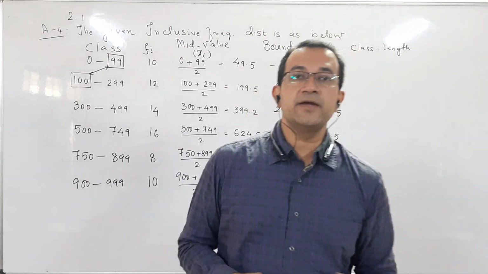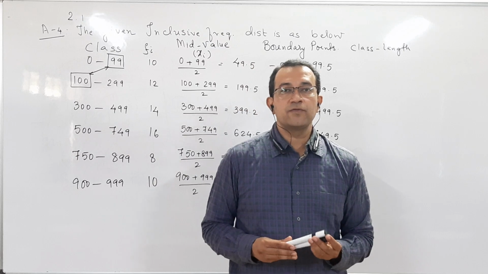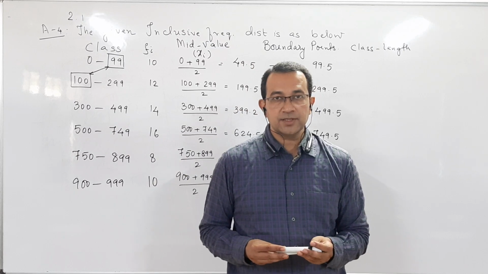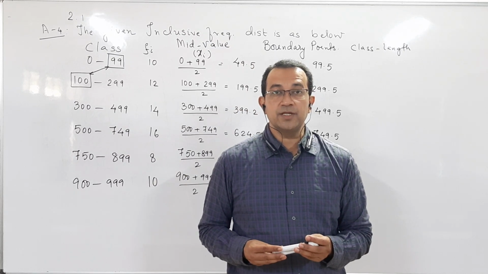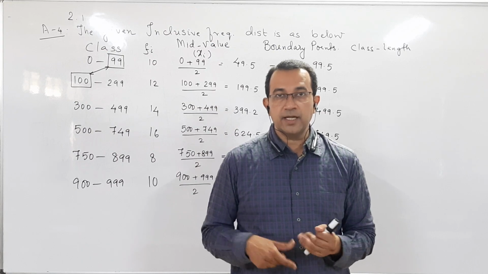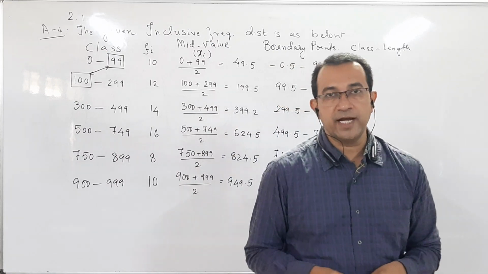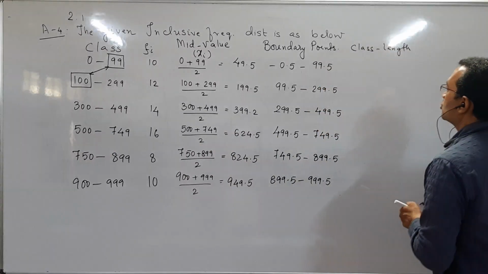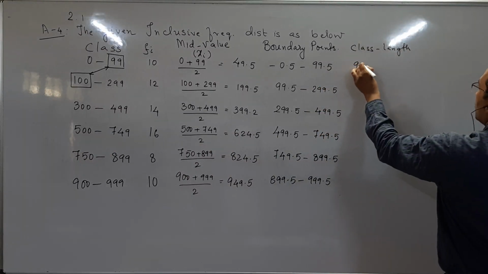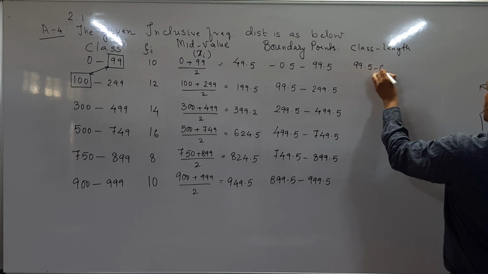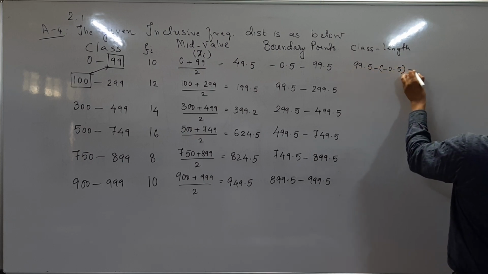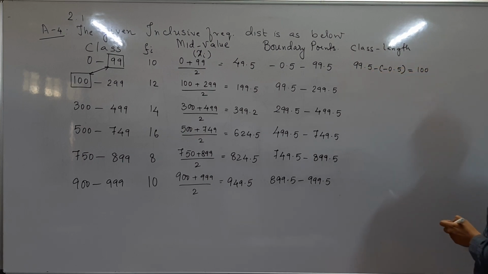Now, what is the definition of class length? The difference between upper boundary point and lower boundary point of a class is called class length of that class. So 99.5 minus 0.5, so this will be 100.